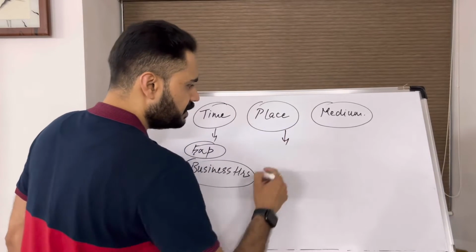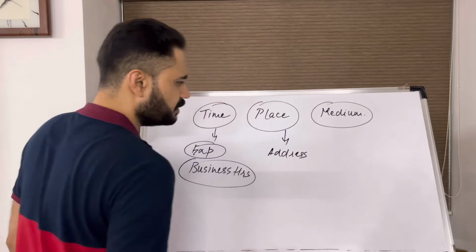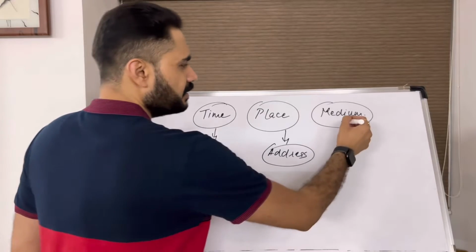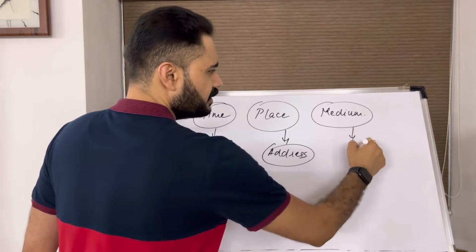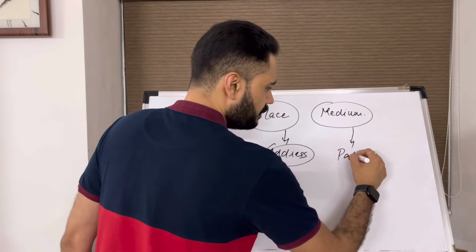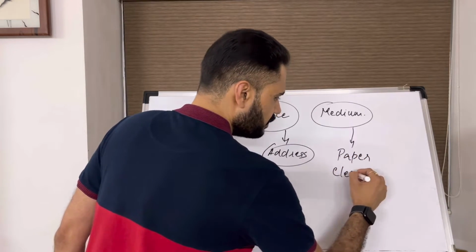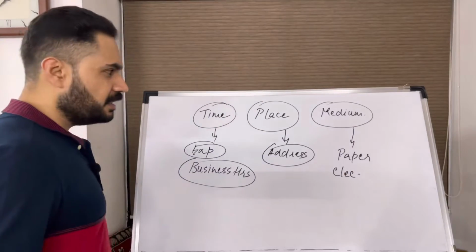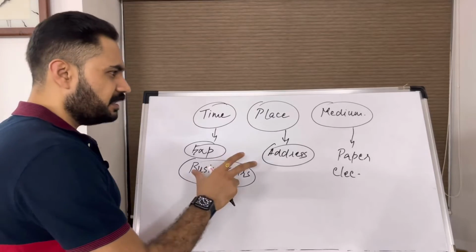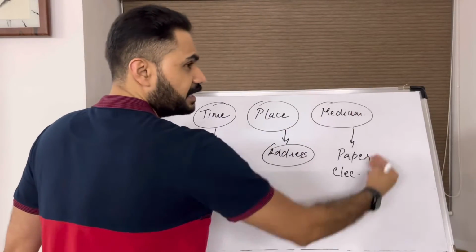Place means the address at which the presentation is to be made. Next is the medium, means paper or electronic. So broadly, for a presentation to be complying, in the first place it has to fulfill this criteria.